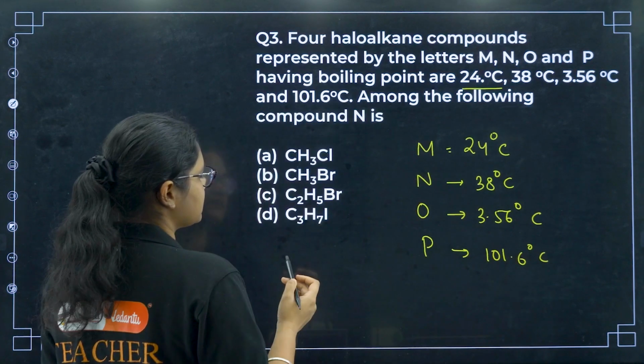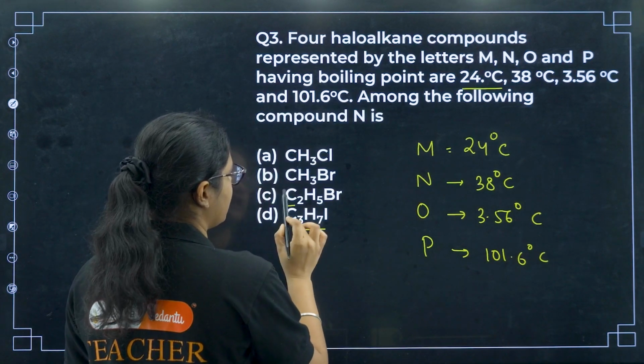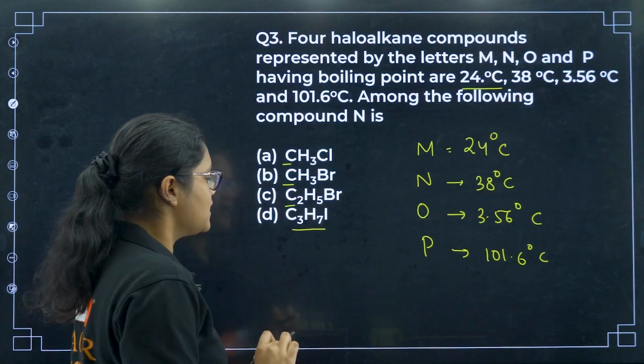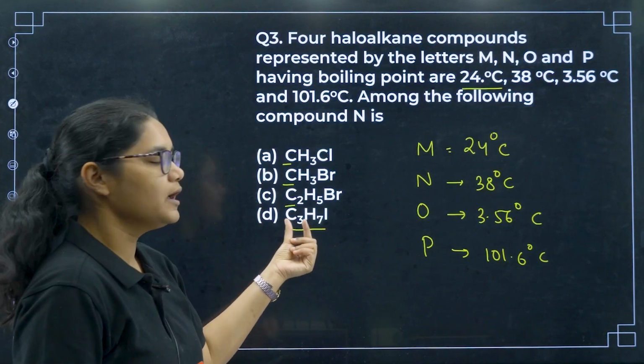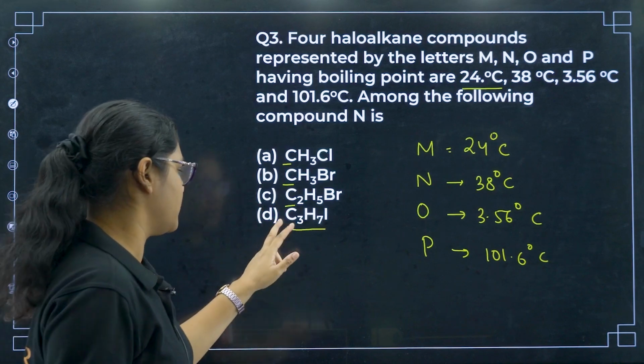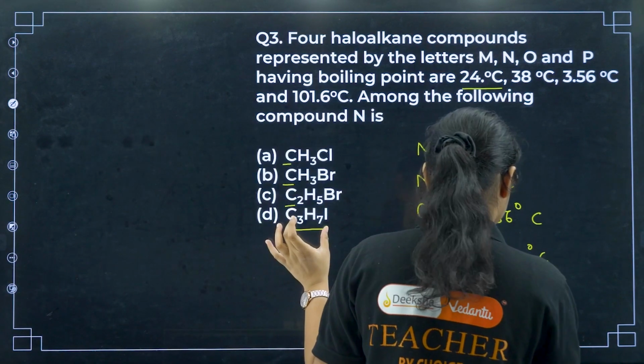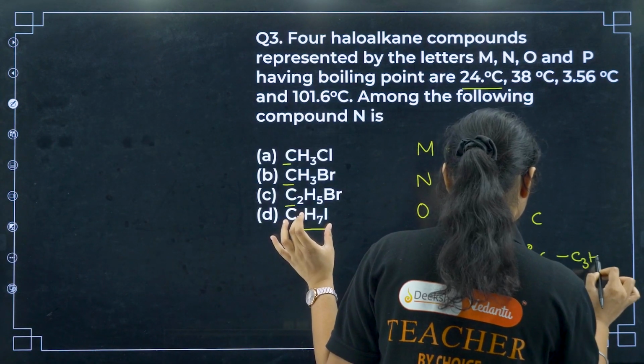What are the compounds given? C3H7I, C2H5Br, CH3Br, CH3Cl. The number of carbons here is more and the iodine mass is also more. More the mass, more the boiling point. So definitely C3H7I is the highest one.